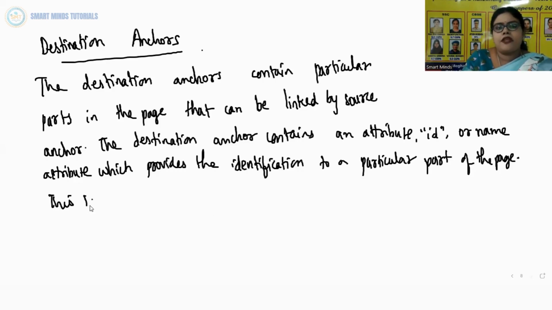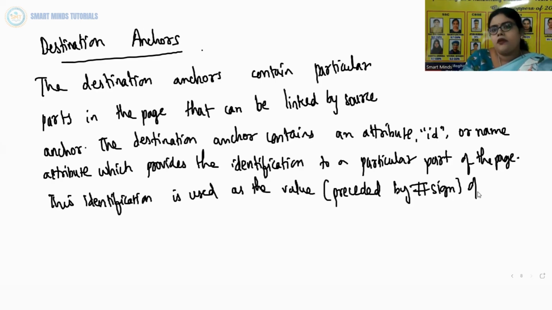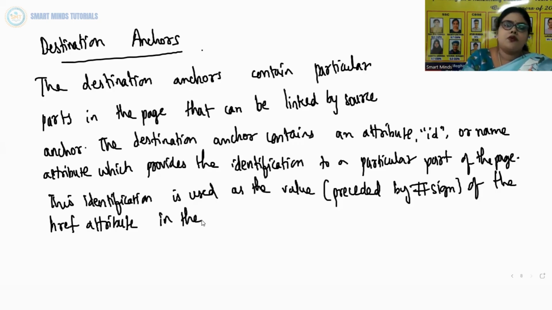And this identification is used as the value, which is preceded by a hash sign, of the href attribute in the source anchor.